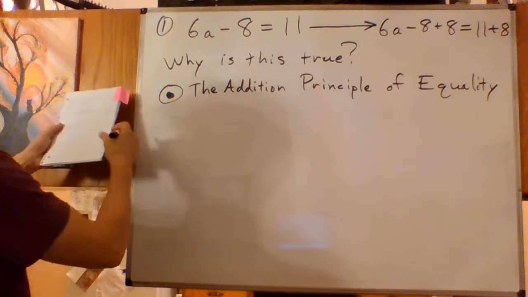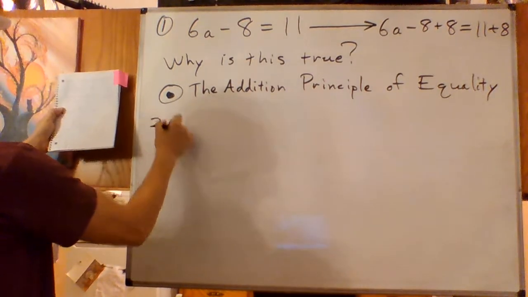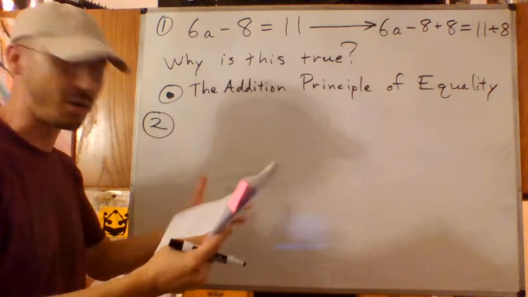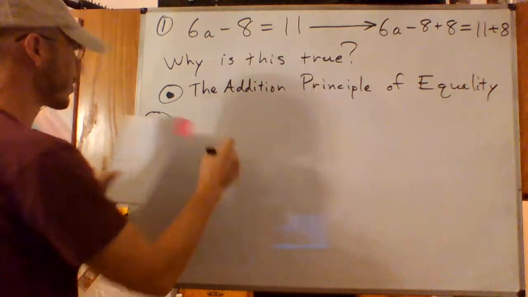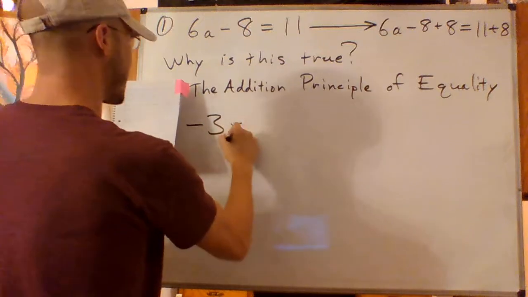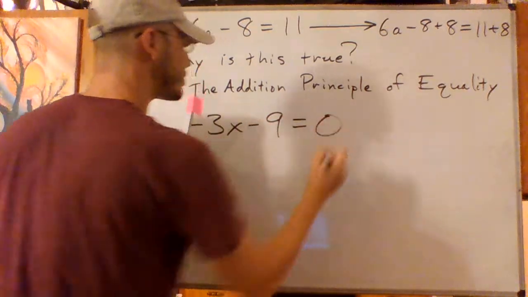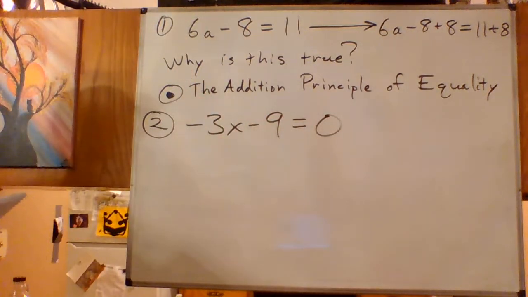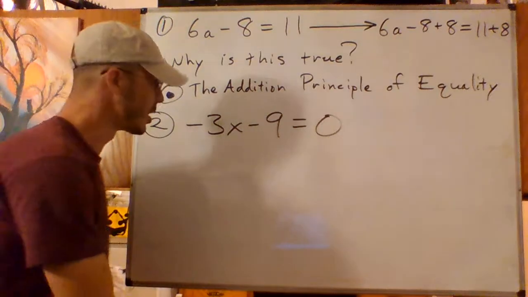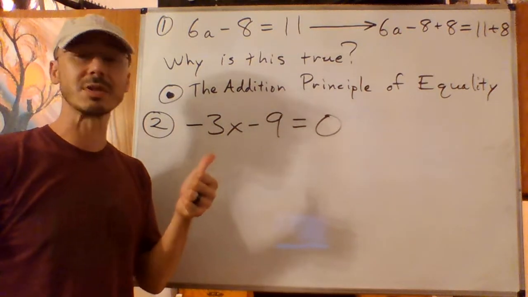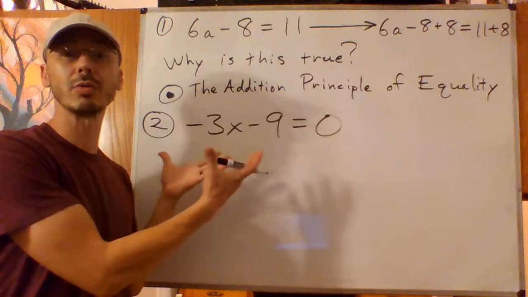The second problem is more typical of the problems in this section. We're going to solve. The equation is negative 3x minus 9 equals 0. And the first step in that list was to combine like terms, but there are no like terms here.